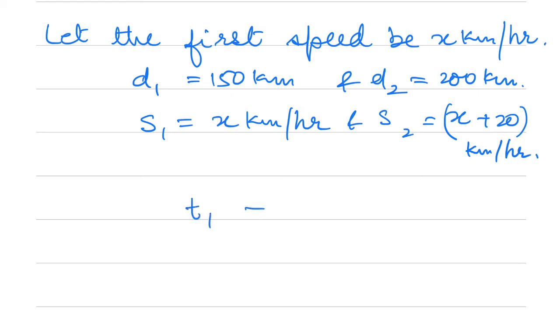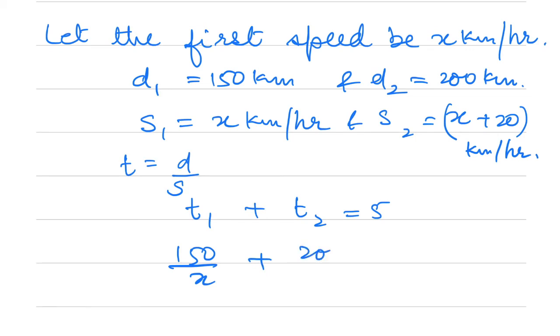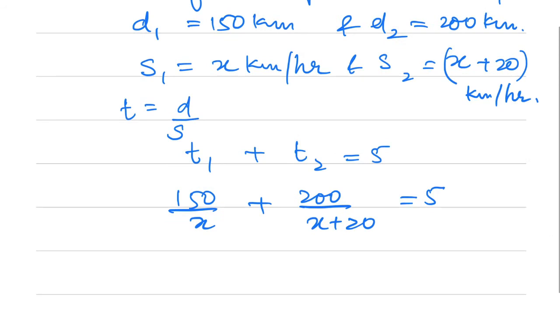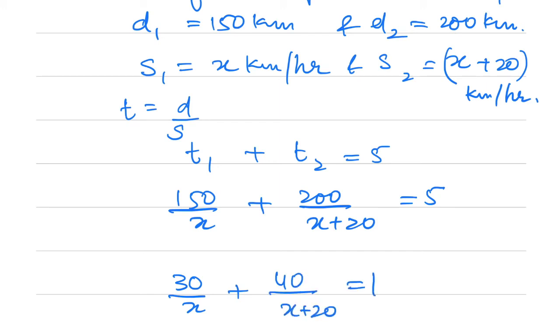So time 1 plus time 2 is equal to 5, and we know time is equal to distance by speed. So now let's substitute here. Time 1 will be equal to 150 by x and time 2 will be equal to 200 by x plus 20, is equal to 5. Now I can take 5 common, so 30 by x plus 40 by x plus 20 is equal to 1.